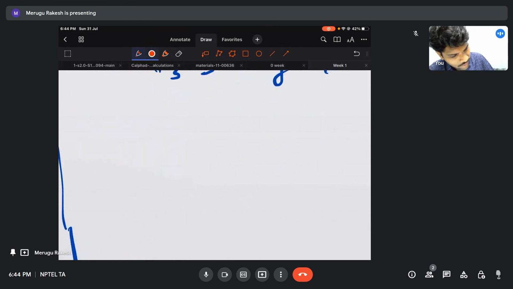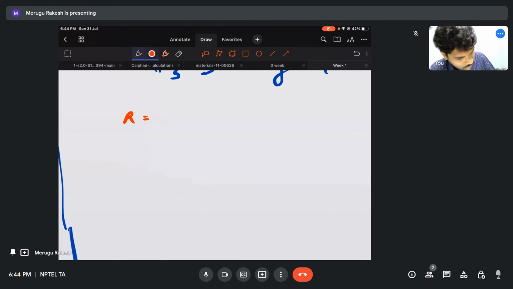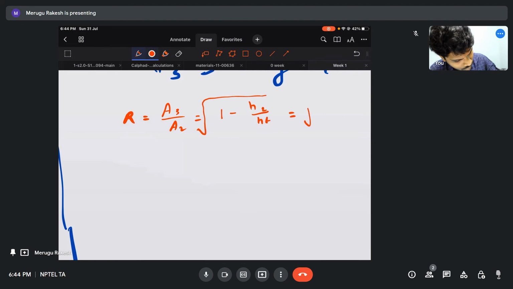So here I will write the final equation: R is equal to the ratio of A3 by A2. It is also equal to HC by HT.